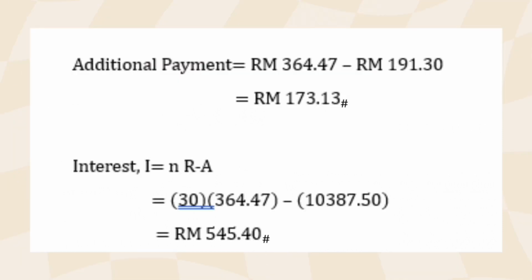And then to find the additional payment, we calculate 364 ringgit 43 cents minus 191 ringgit 30 cents, which is the monthly payment. And after all the calculation, the answer is 173 ringgit 13 cent.